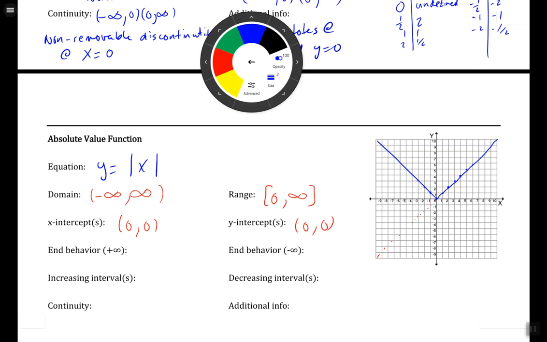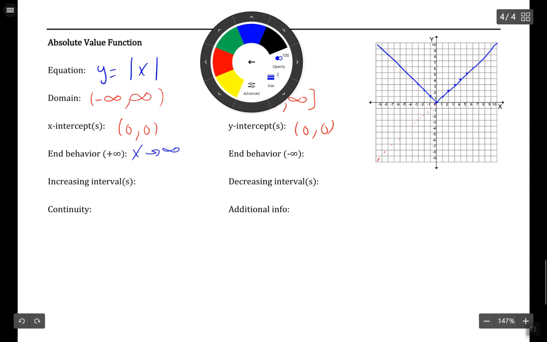Go back to this. Okay, end behavior: as x approaches infinity, what does y approach? As x goes to infinity, what does y do?